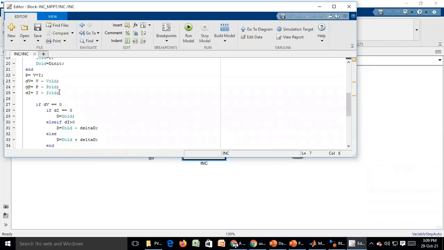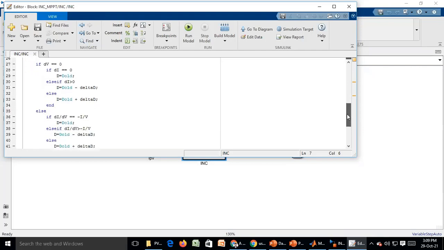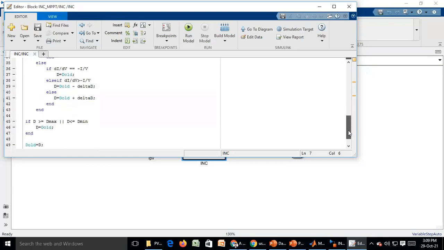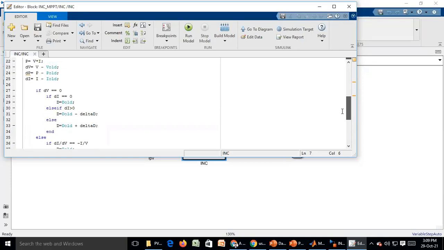Change in current, dI, is I minus I old. So we will see if dV equal to 0 and dI is equal to 0, then it is okay. If not, either we add or subtract delta D. So in this condition we are seeing dV, dI. In the previous condition we have seen dP, dV. That's it.